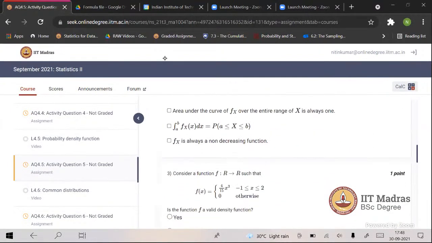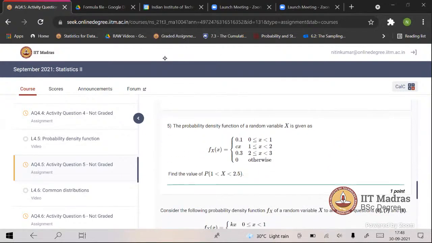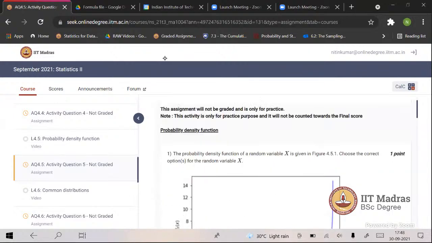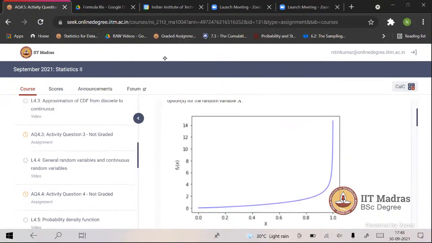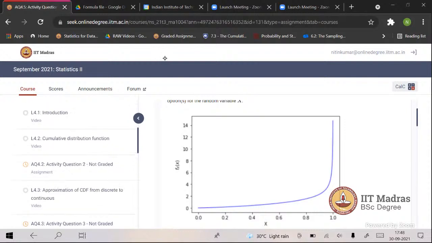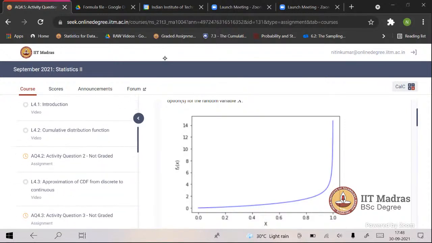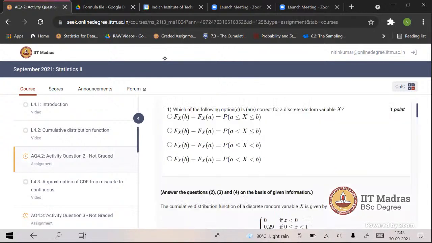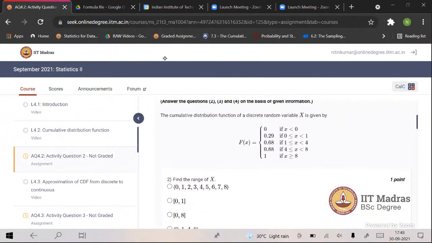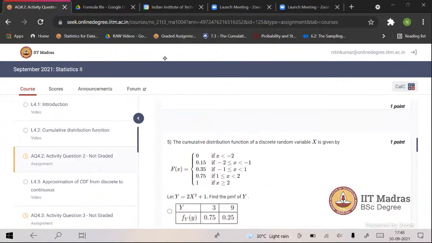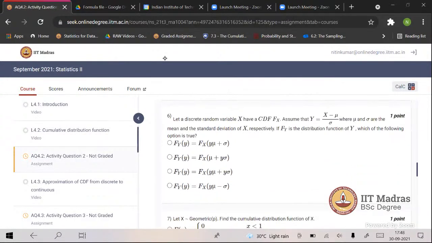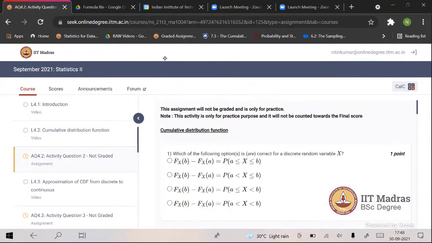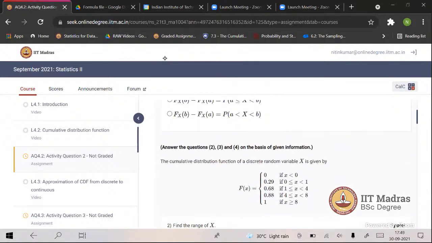Okay, so there is no such example in the activity questions. Activity 1 will have it, sir. Activity 4.2, you mean? Yes. They'll have which is valid. It's not here. There'll be one question, sir, with yes or no. Or probably the next activity.